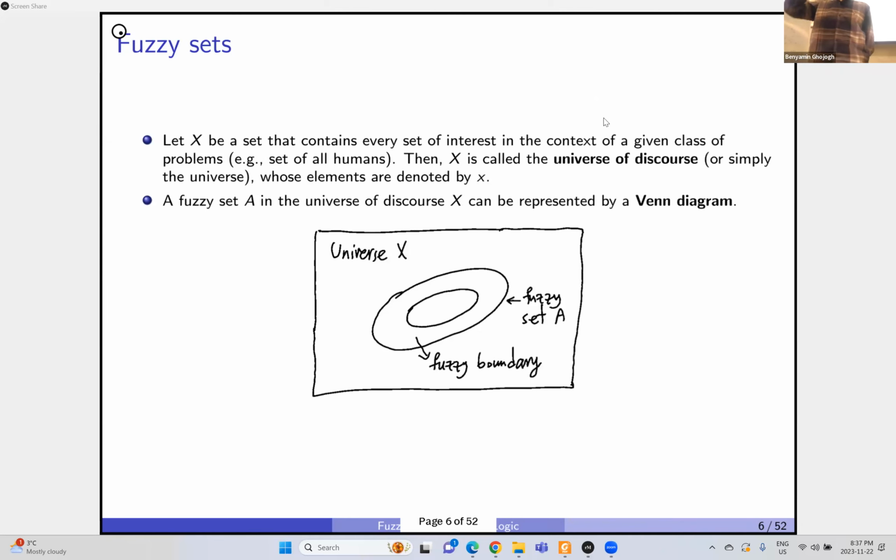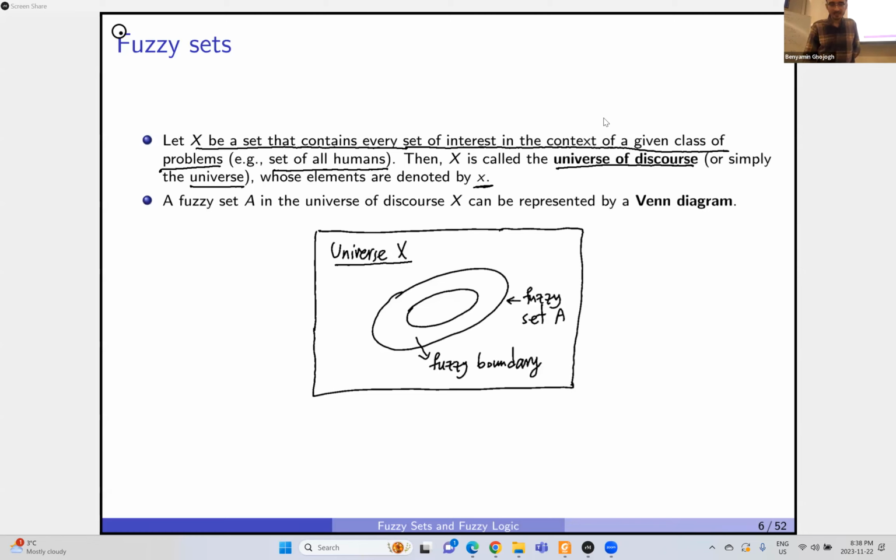Do you remember Venn diagrams that we had in high school? We have them for fuzzy sets as well. So we have a universe X. Let X be a set that contains every set of interest in the context of a given class of problems, such as the set of all humans. This is called the universe of discourse or universe, whose elements are denoted by x.